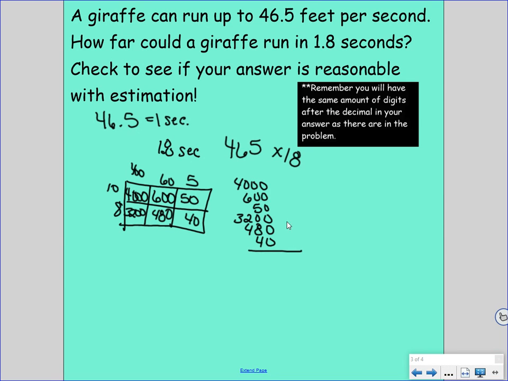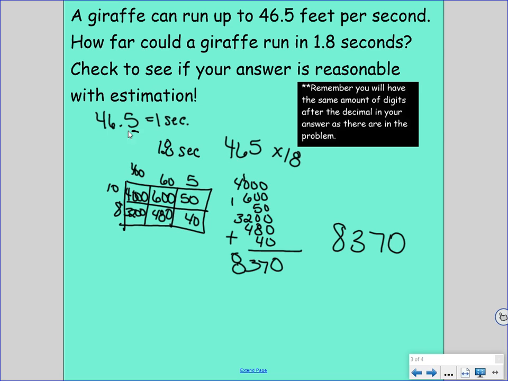And here we go. Adding all those up, that's 0, 12, 17, carry my 1, 9, 13, carry my 1, 8. So I got 8,370. But I need to go back to the problem to figure out where my decimal will go in this answer.